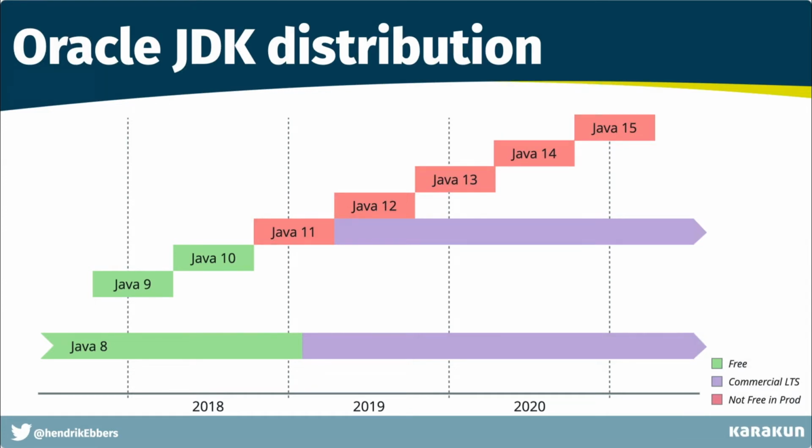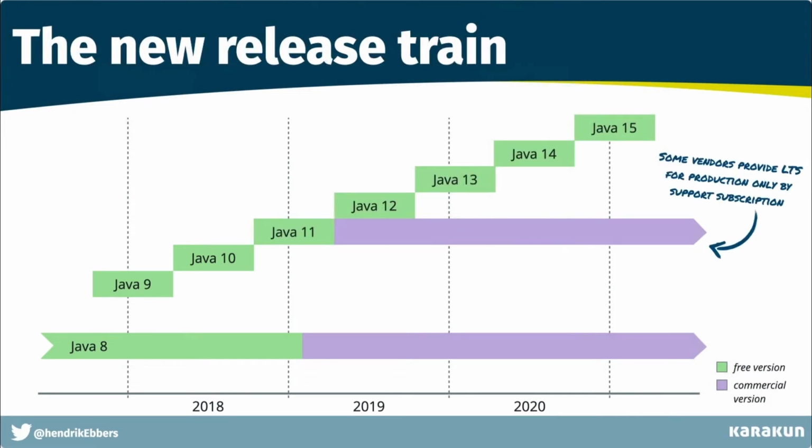And as said, this is where we see a big difference between Java vendors and Java distributions, because some of them have, for example, free LTS support. Some have a shared model with free LTS support and later paid, and so on and so on.